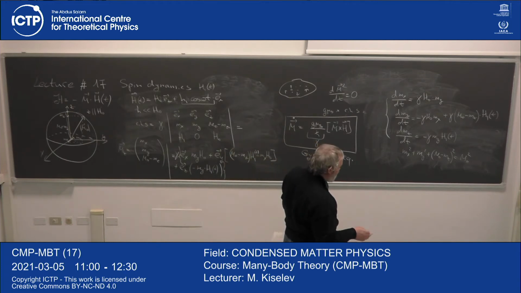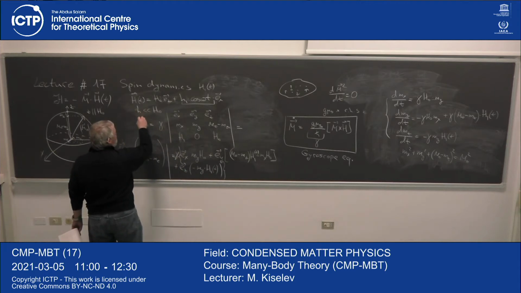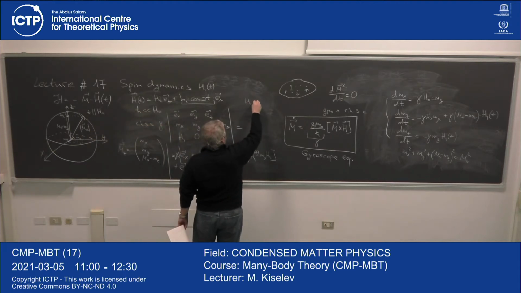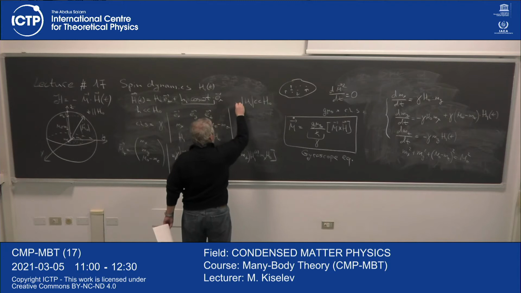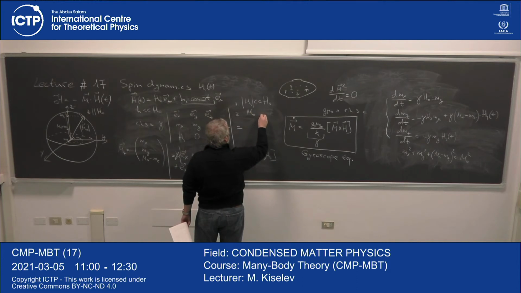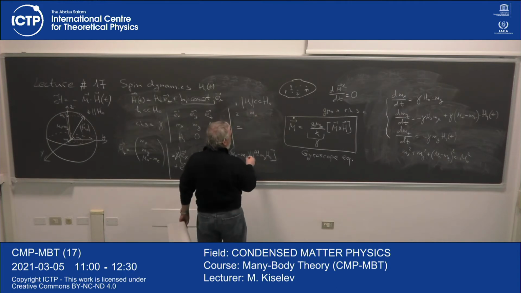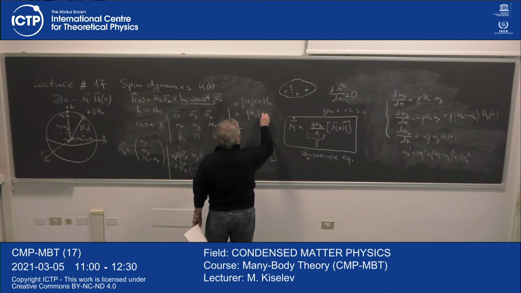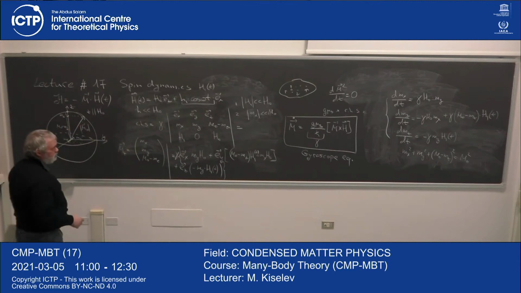Now, I have a system of complicated equations. Let me simplify under some assumptions. First of all, I assume that h1, the modulus, is much smaller than H naught. Assumption number two, I assume that M alpha, where alpha is x, y, z, is much smaller than M naught, precisely like I plotted on the blackboard.